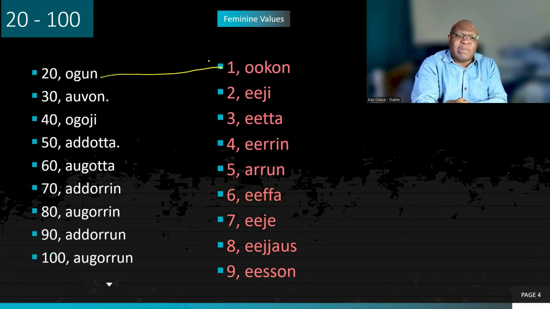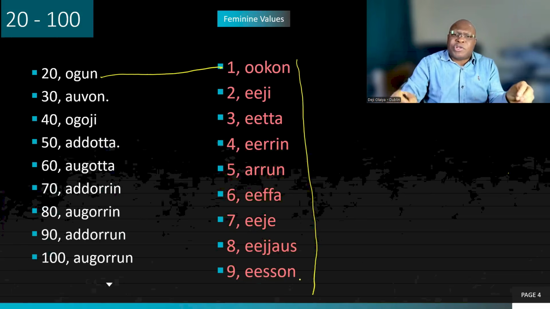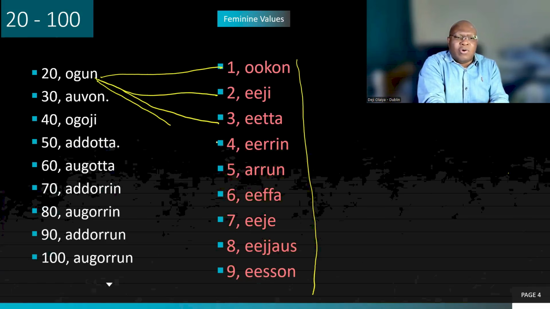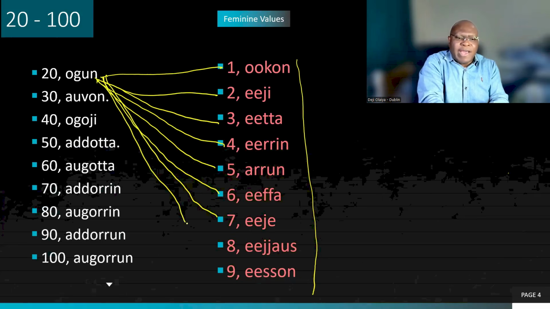This is where we use the feminine values now, the round tripping values. So ogún ọ̀kan, ogún èjì, ogún ẹ̀ta, ogún ẹ̀rin, ogún àrún, ogún ẹ̀fà, ogún èje, ogún ẹ̀jọ, ogún ẹ̀sán.